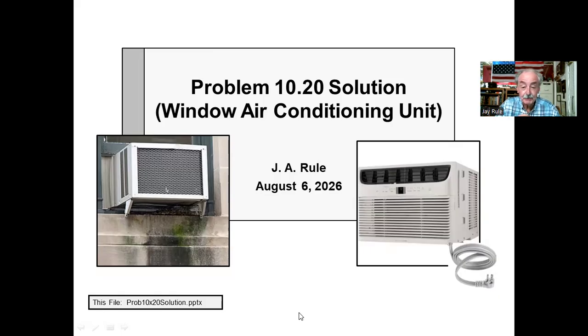I've got to tell you that this problem 1020 is a classic analysis. If you can hang in there and understand what's going on in the solution of this problem, which is not trivial, you are going to be well positioned to master most of the material covered in chapter 10, and it's going to help you prepare yourself to do well on a quiz related to chapter 10 or a test problem related to any kind of refrigeration cycle.